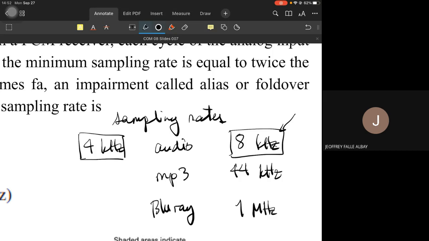The highest frequency for the output of the instruments in this case is probably 22 kilohertz. The MP3 is 44.